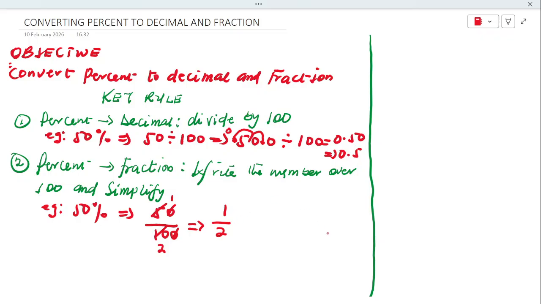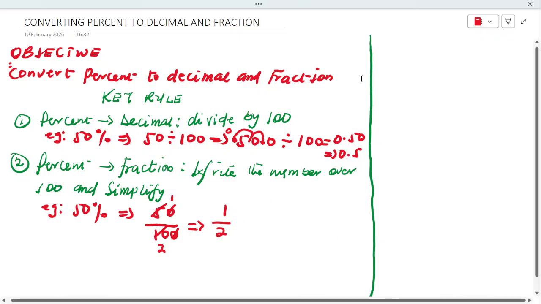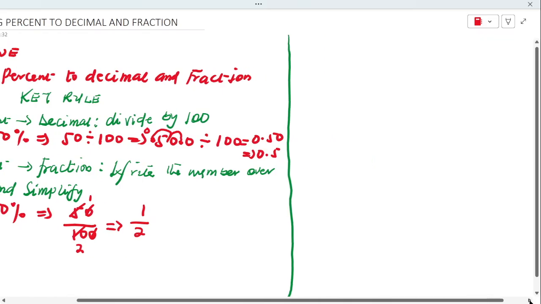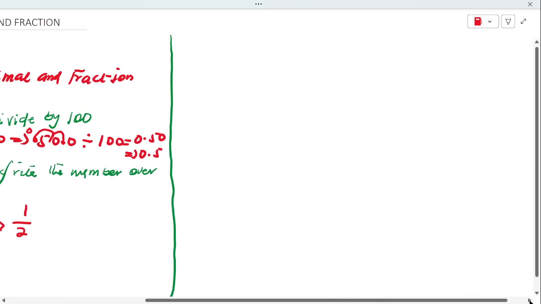All right. So let's look at some examples and how to convert percent to decimal and fraction. You have to follow these rules to arrive at the correct answer. So we have example number 1.